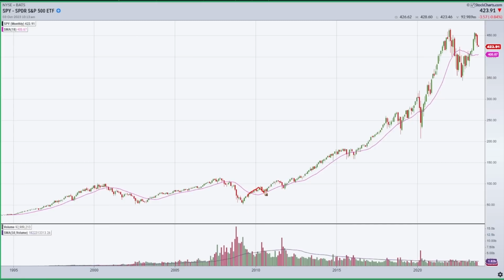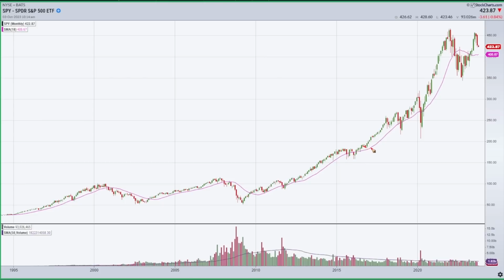But then we get back above this line, test it, tried to break it, but it stayed rising, tried to test it, and basically held until we got to 2015, 2016, went through a correction phase. We didn't roll the line over. It didn't turn bearish, but it was a pretty severe test, a violent move downward, and took a while to get going again.